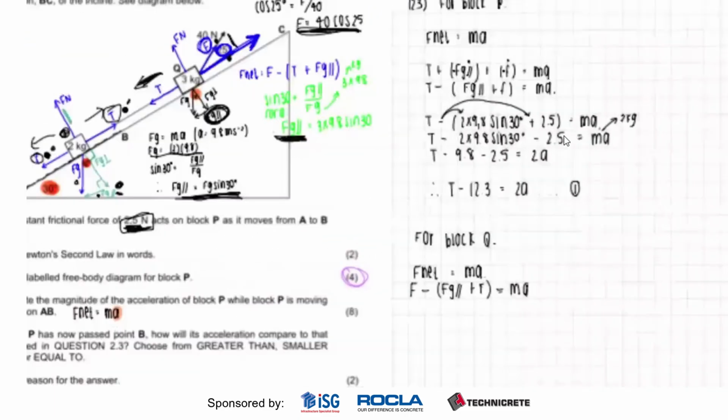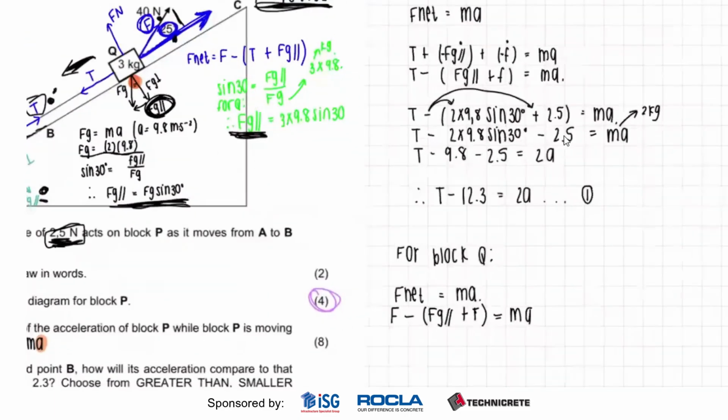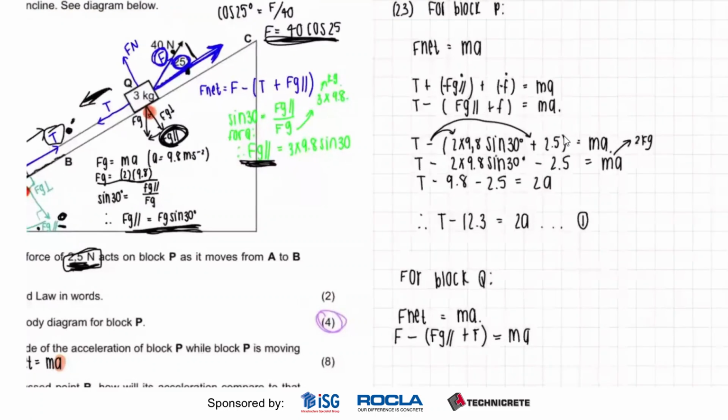We said that the F is equal to 40 cos 25 degrees, and the FG parallel is equal to 3 times 9.8 sin 30 degrees.